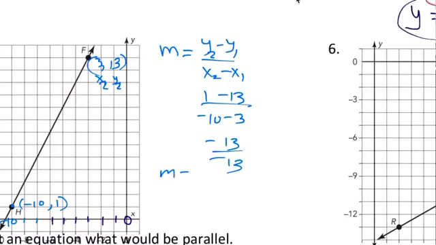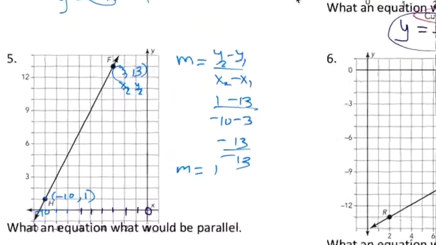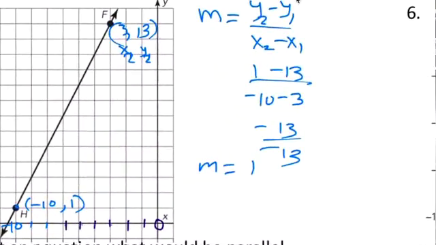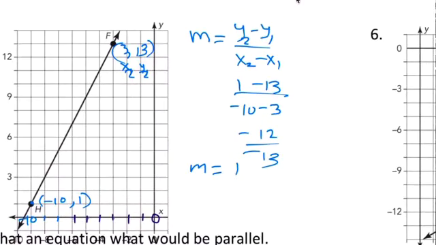So the slope here is 1 over 1. That's weird. Oh yeah, I subtracted wrong. That should be 12. See, I went back, look at the slope. That's not a 1 over 1 slope.